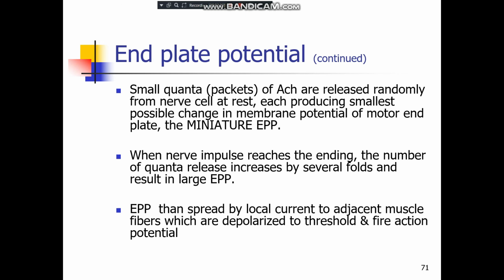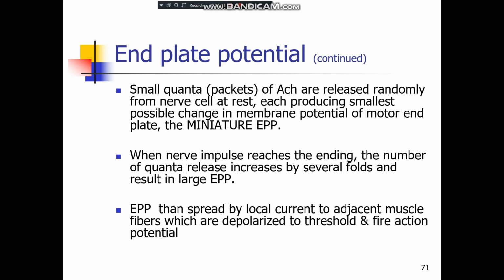But when a large number of such packets of acetylcholine attach to the ligand gated channels, each causes a miniature end plate potential. Together, it results in a large end plate potential.